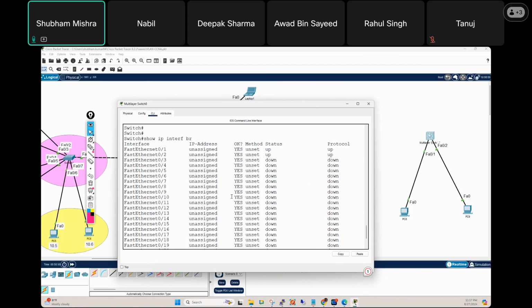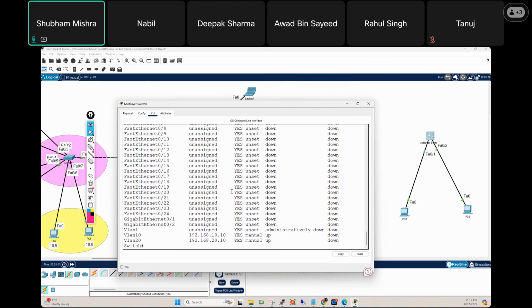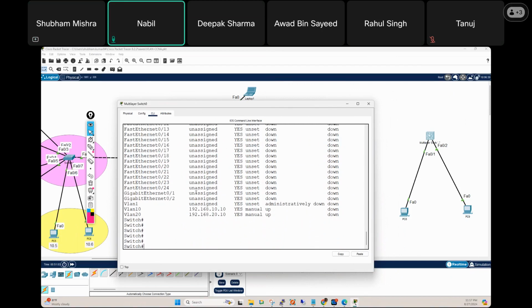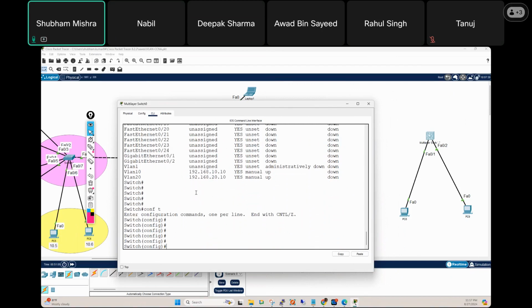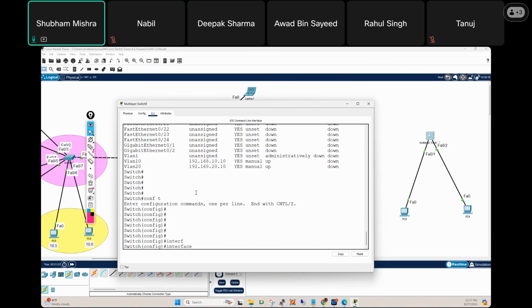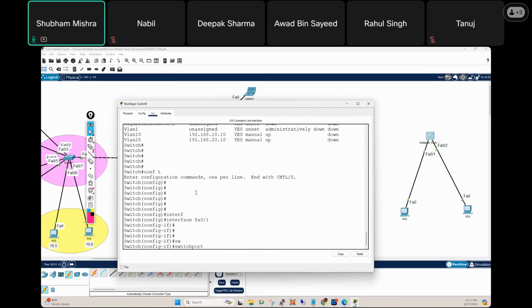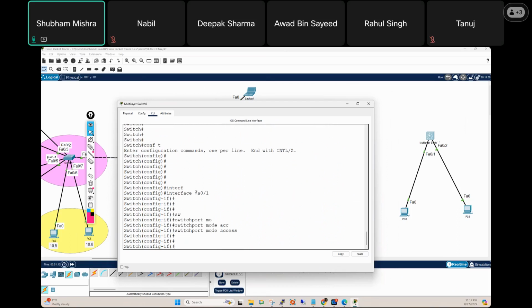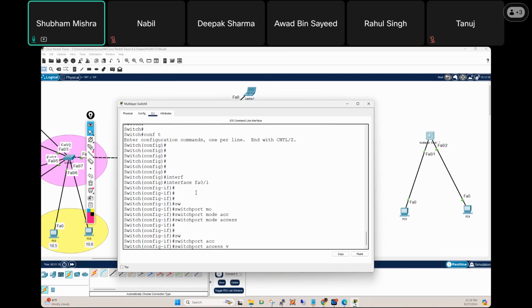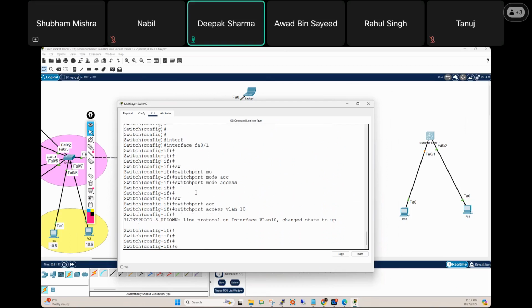Yes. But both are connected to VLAN 1, not to VLAN 10 and 20. Sorry, ports are connected to VLAN 1 per default. Okay. You are telling interface FastEthernet 0/1, switchport mode access, switchport access VLAN number 10.